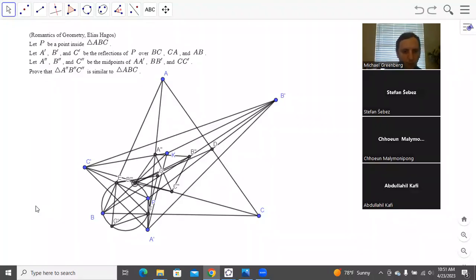Yeah, B double prime G. How do we get that? Yeah, this is tricky.